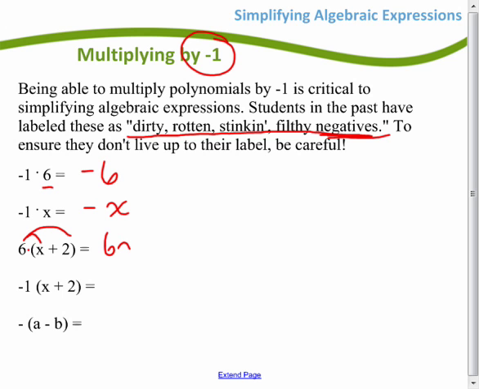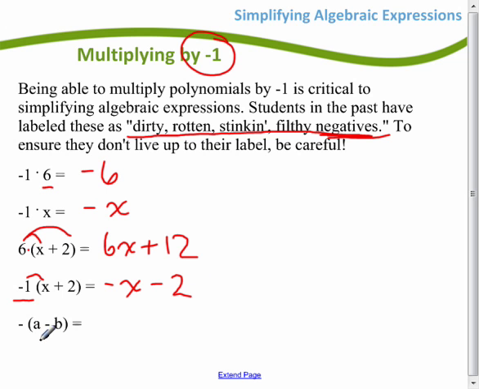In this case, I get 6x plus 12. But I can do that same thing if I have a negative number out front of brackets. So in this case, I must multiply the negative by both things inside the bracket. So negative 1 times x is negative x, just like we did up there. Negative 1 times 2 is a negative 2. Notice that I simply changed the sign of everything inside the brackets.